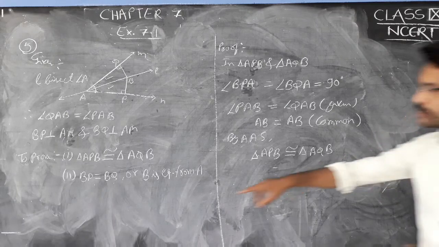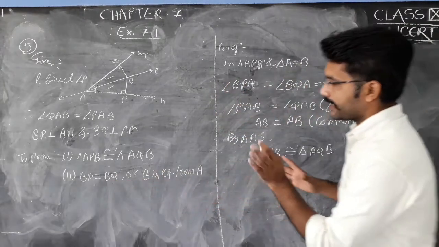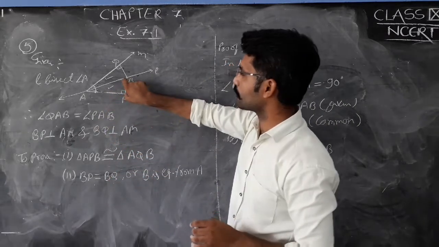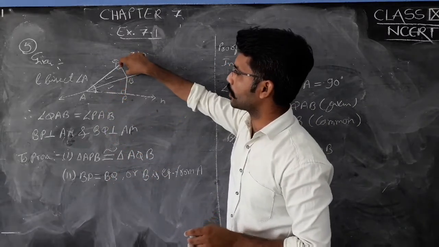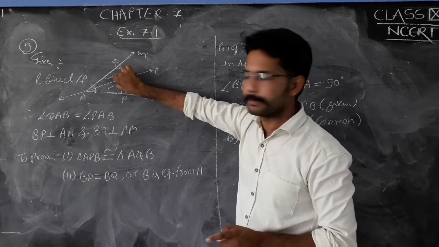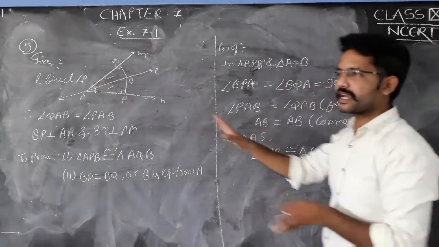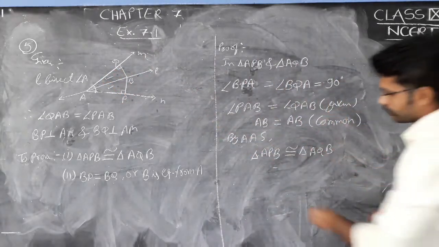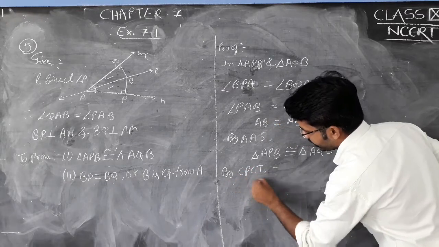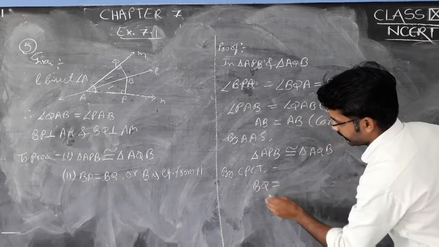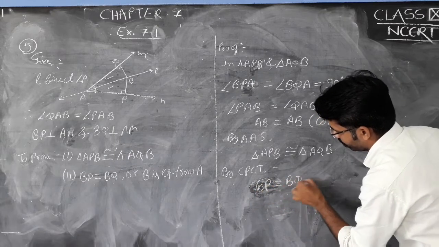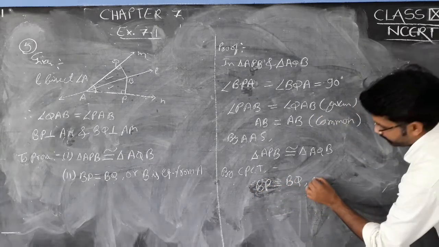And further they have asked BP equals BQ. See, check whether BP and BQ are part of these triangles. BP is part of triangle APB and BQ is part of triangle AQB. If we have shown these two triangles are congruent, the remaining parts of these triangles will also be equal. So we will write by CPCT, BP equals BQ.